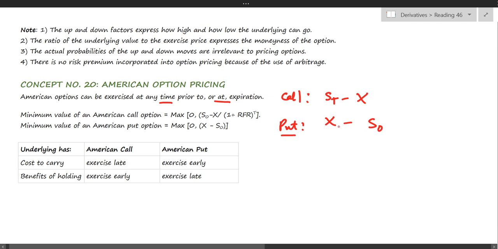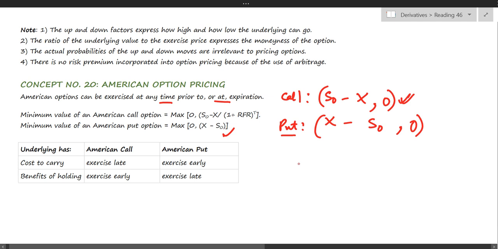So the value of an American put option shall be either X minus S0 or at the least it can be 0, and the maximum of the two will be the value of the put option. This is very simple and very intuitive. We can apply the same logic to the call option as well, replacing it with S0, and the minimum value can fall to 0. So this should be the minimum value of an American call option.